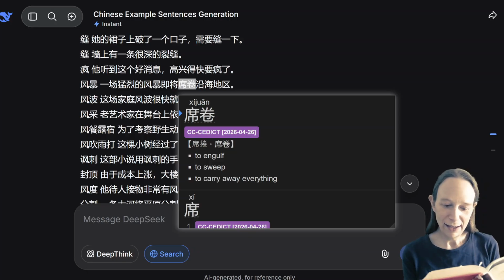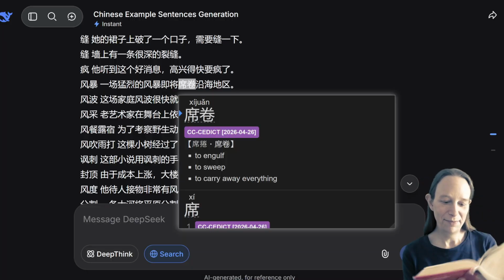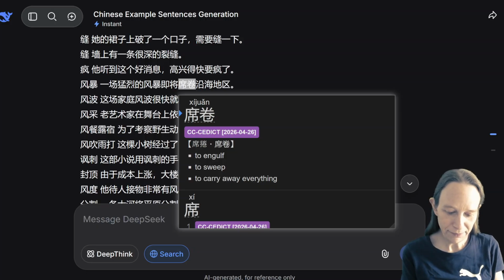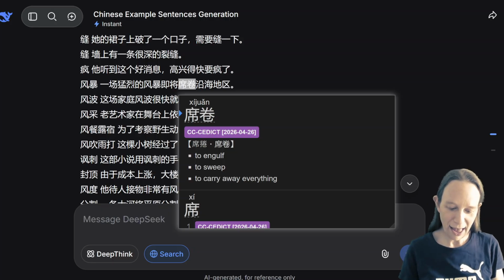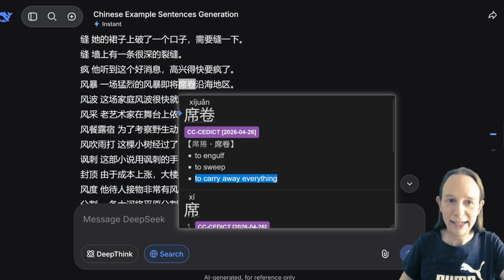I've colored it in green, so I studied this a long time ago. 席卷. 像卷席子一样包揽无余. Okay, 席卷一空. So it's engulfed and everything is gone. Nothing is left behind.